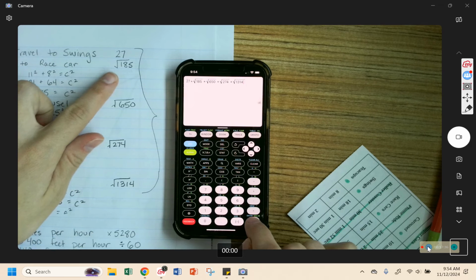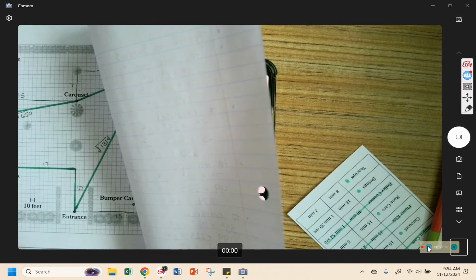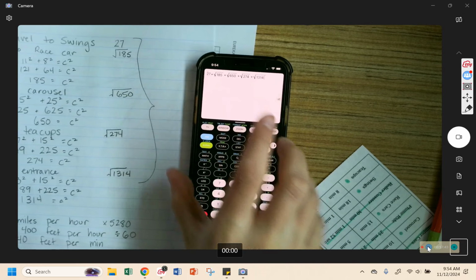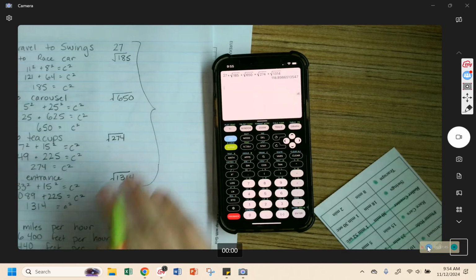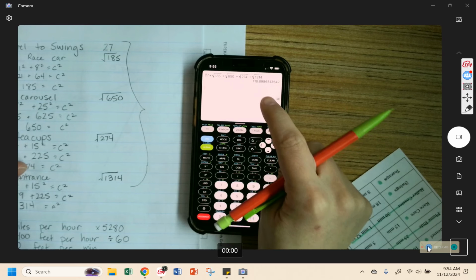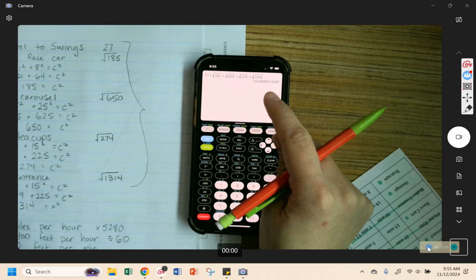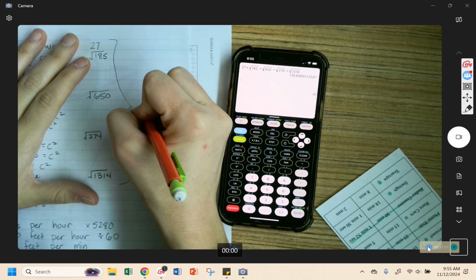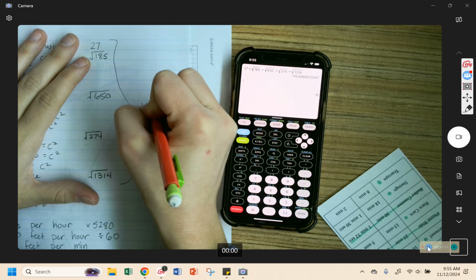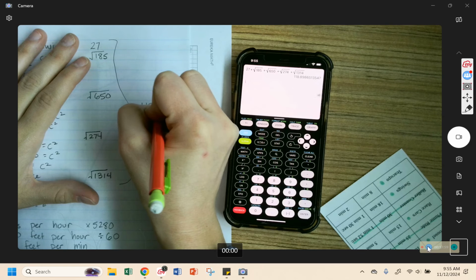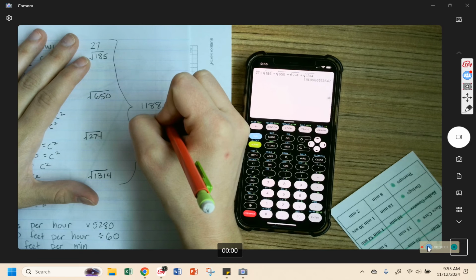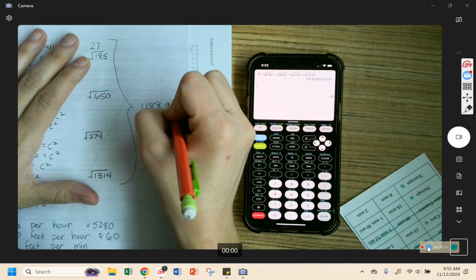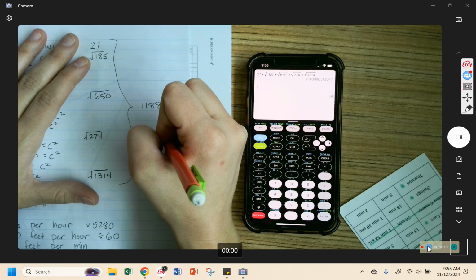But keep in mind, all of this is in units of 10 feet, so we have to multiply it by 10 in the end. So this is 118.89, but we need to multiply by 10. So this is really 1,188.99.